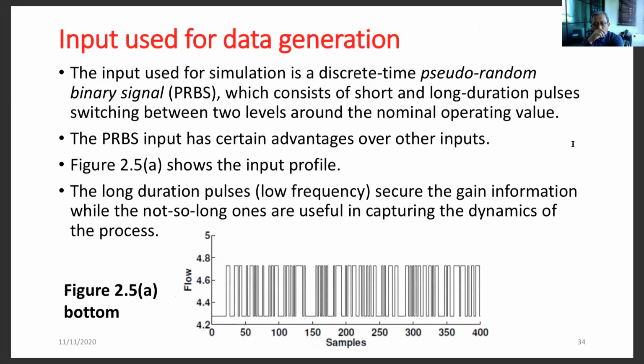So the input used for this simulation is a discrete-time pseudo random binary sequence, or PRBS. Pseudo, random, binary, and S is signals, which consists of short and long duration pulses switching between two levels around the nominal operating value.